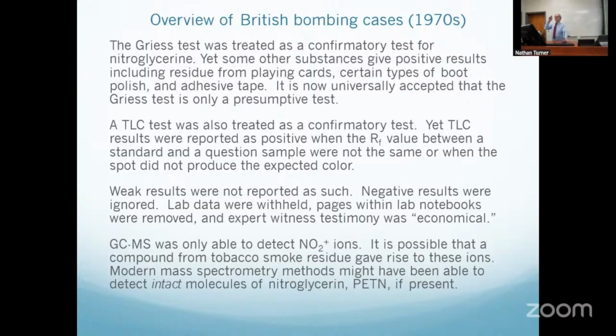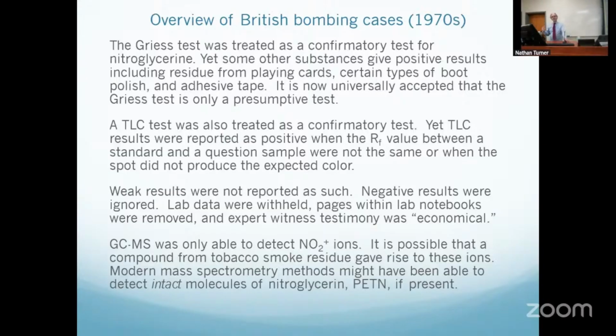Oh boy, that's a good question, and I'd really need to go back carefully and read. But remember, these are now 50 years old, so the word discrepant came up in one of the descriptions, and I think discrepant meant there was a lack of matching of the RF of the question substance to the standard.